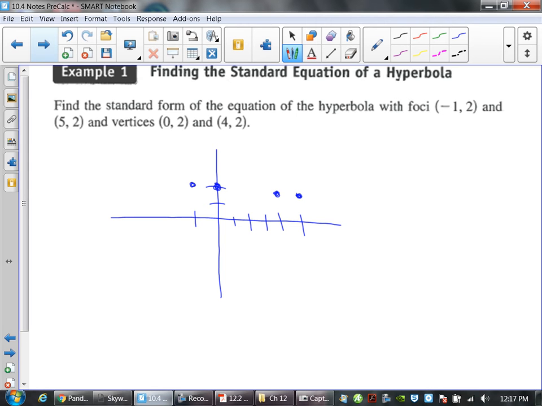What direction is this opening? Left and right. Vertices always open to the focus, right? What do you think occurs at the midpoint of either the focus or the midpoint of the vertex?